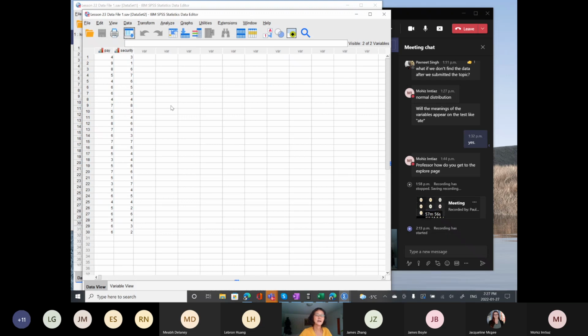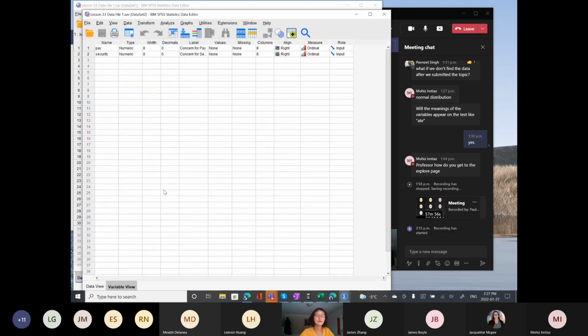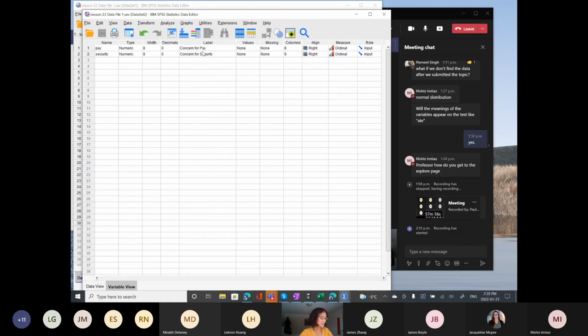One is the pay, the other is the security. If you go to variable view, what is the pay? It is a concern for pay. The higher scores indicate greater concern for salary level. And the next one is security. Higher scores indicate greater concern for job security.